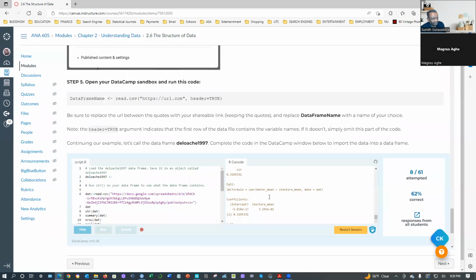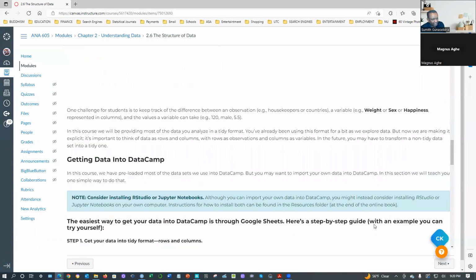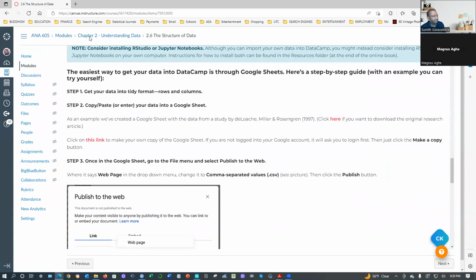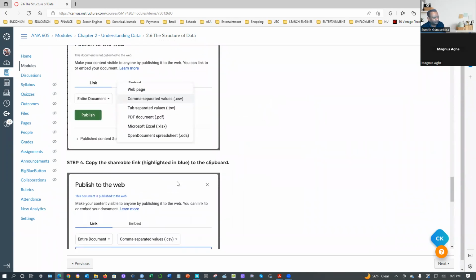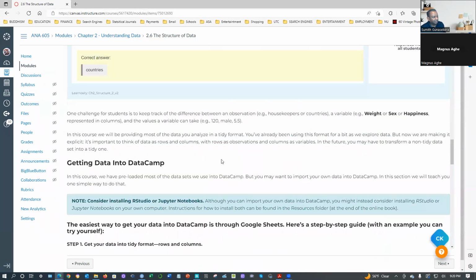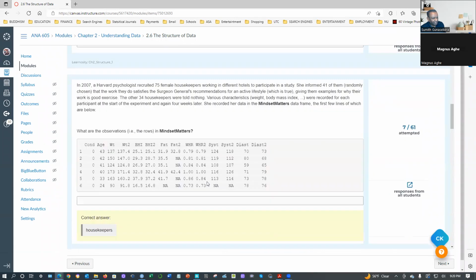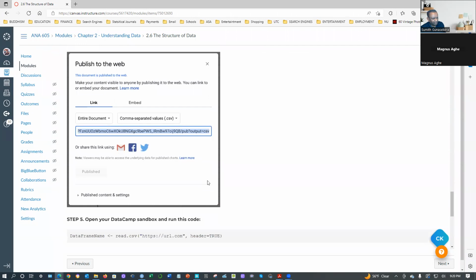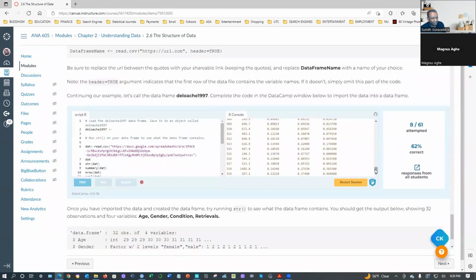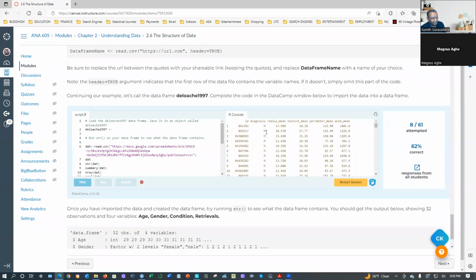This data, I extracted the same data to a sandbox. It's in chapter 2, under 2.6, where it shows how to get the data. That's the same data I extracted long time ago.